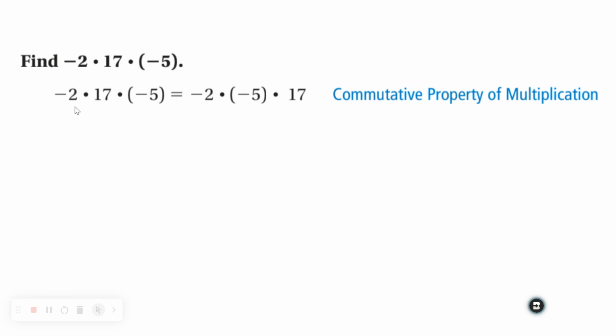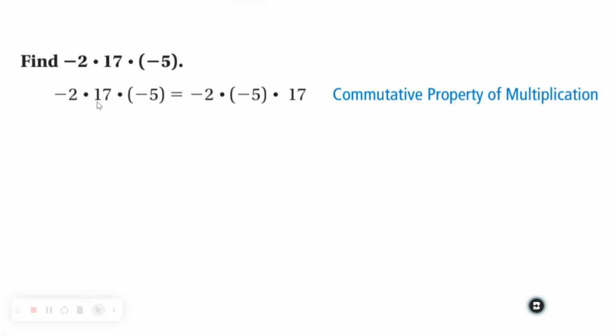So if I don't want to start by doing -2 times 17, because I don't know what -2 times 17 is, but I do know what -2 times -5 is, notice I can switch the order of my problem, because with multiplication, order doesn't matter. This also applies if you're doing an addition problem. Order doesn't matter.